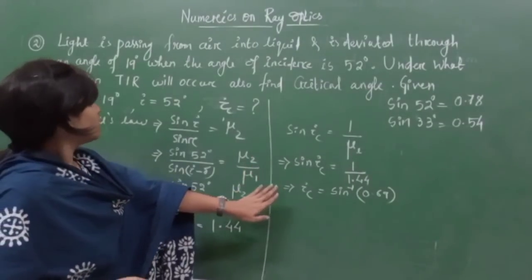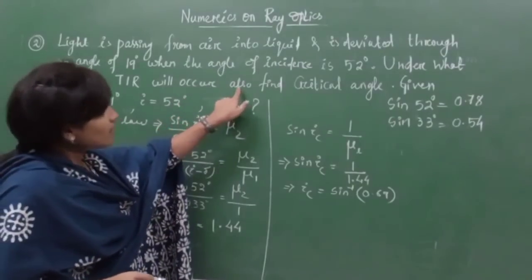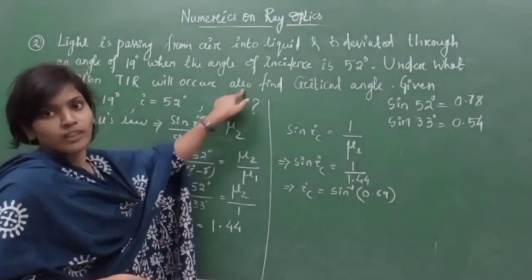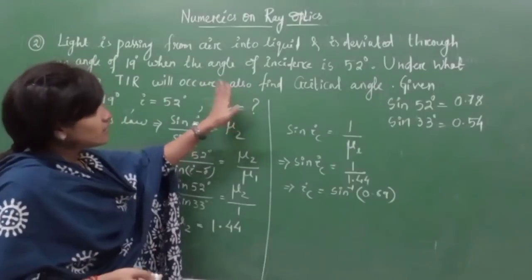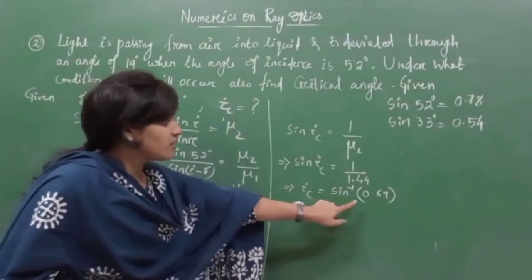So the condition for TIR is that the rays should go from liquid to air medium and the angle of incidence should be greater than this critical angle.